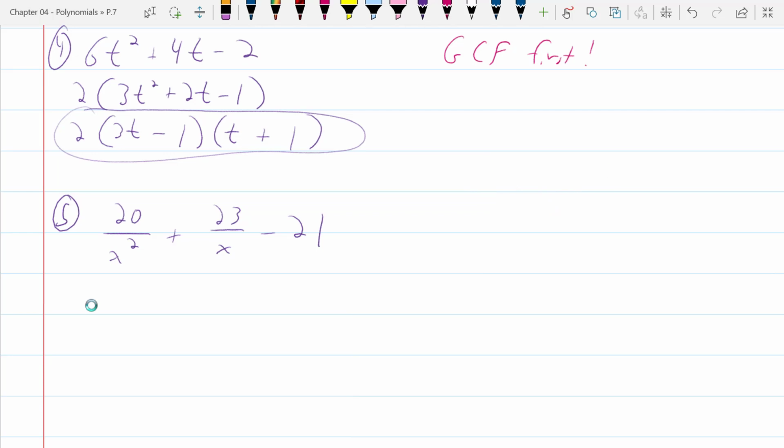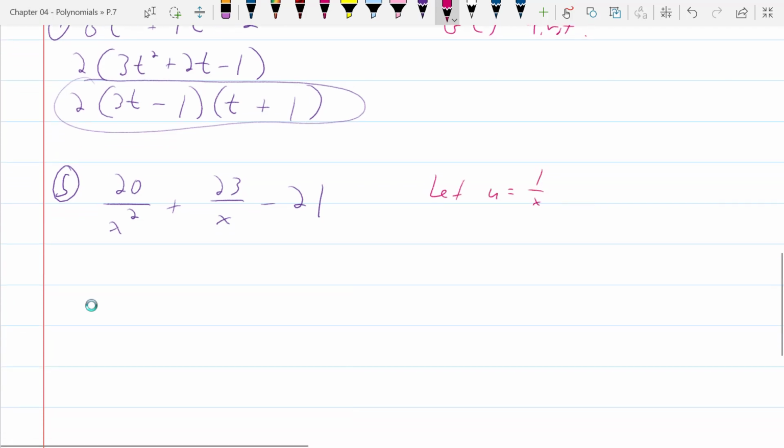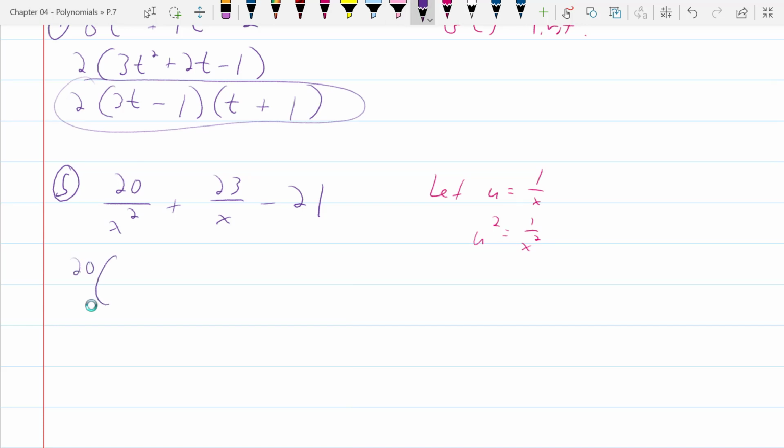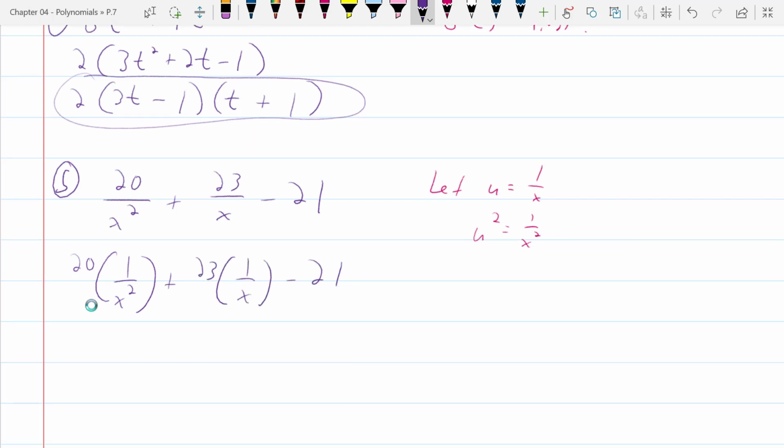We're going to do the same thing here. I'm going to let u equal 1 over x and do a substitution. By the way, if u is equal to 1 over x, u squared is equal to 1 over x squared. And 20 over x squared is the same as 20 times 1 over x squared. This would be plus 23 times 1 over x, and then minus 21.